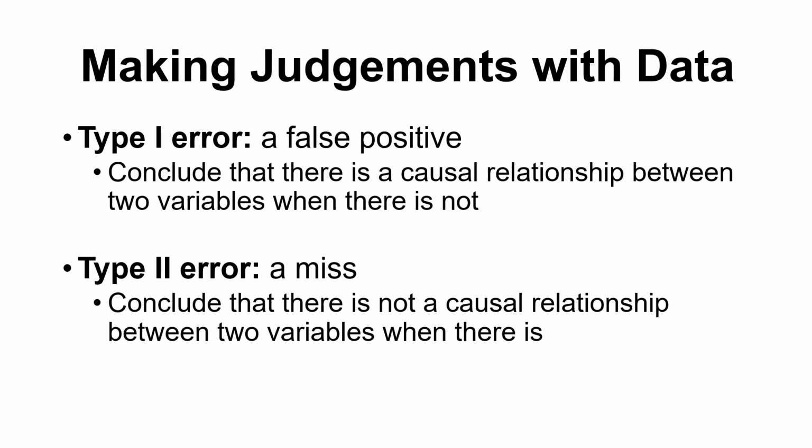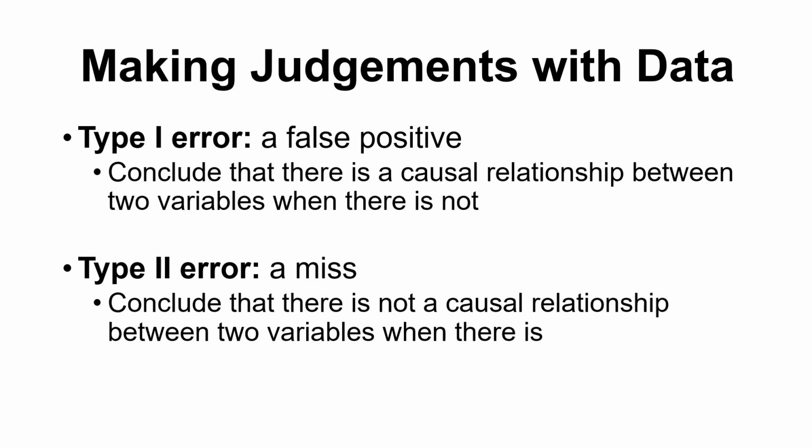So if you think about it, our P of 0.05 as a cutoff says that we would accept there being a 5% chance that we got this extreme value, not because there's actually a relationship, but because there was a lot of variability, a lot of error in our data. So 5% of the time, you would end up with what we'd call a false positive, where we concluded that there is a causal relationship between our two variables, when in reality there wasn't.